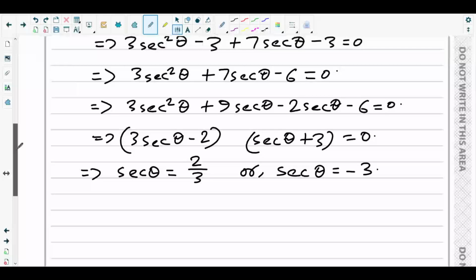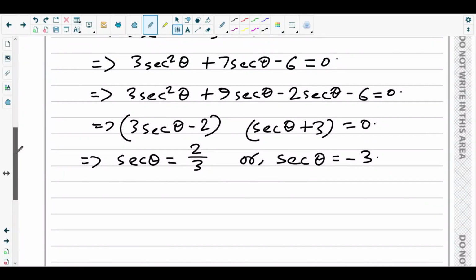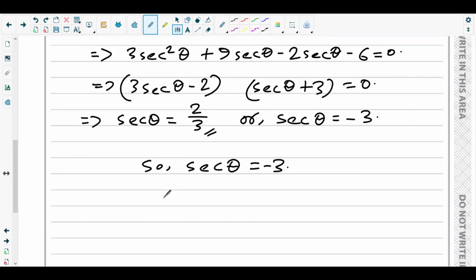But we know that the value of sec theta is never between minus 1 and 1, so 2/3 is not acceptable. So we will consider sec theta equals -3, because this is less than -1, which is acceptable.